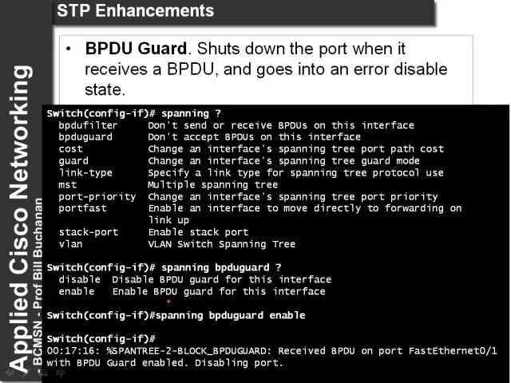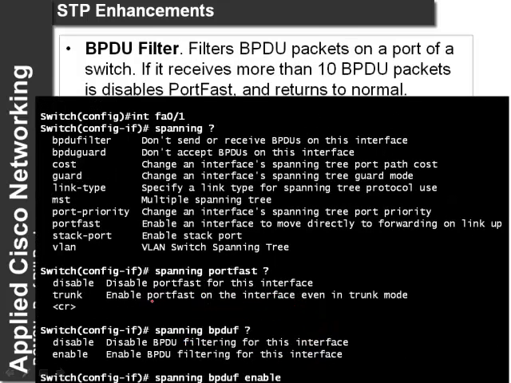So in this case we can set up on certain interfaces whether we have a guard on this and can actually disable the port. We can also have a BPDU filter. In this case it might be that if it receives more than 10 of these packets, it will disable PortFast and return to normal operation.